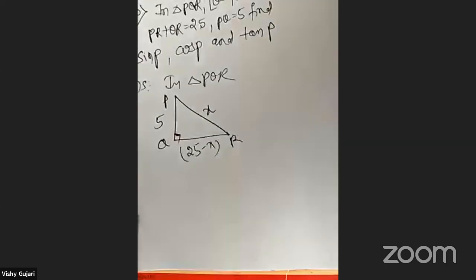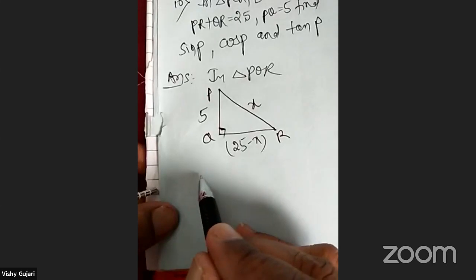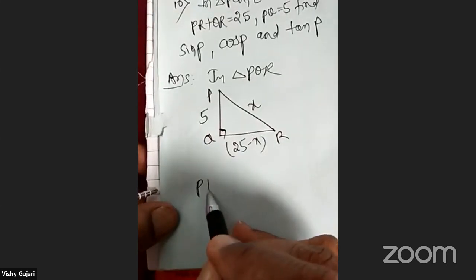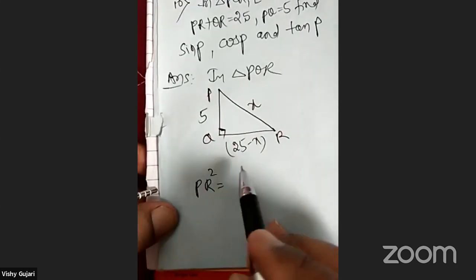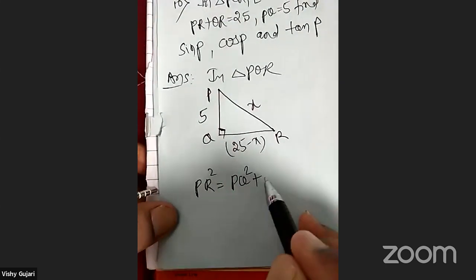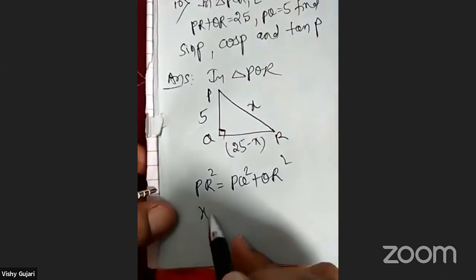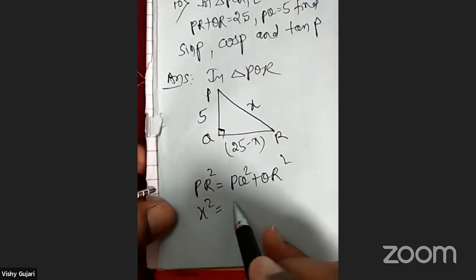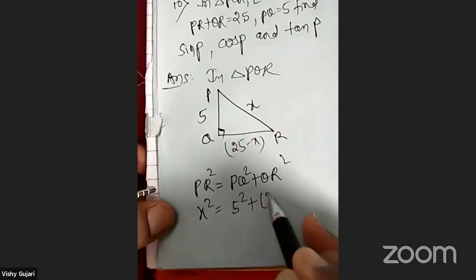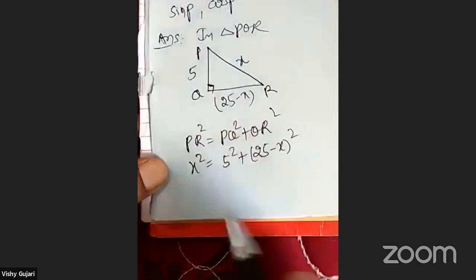Yes, sir. Then you are using PR square is equal to PQ square plus QR square. X square is equal to 5 square plus 25 minus X whole square.